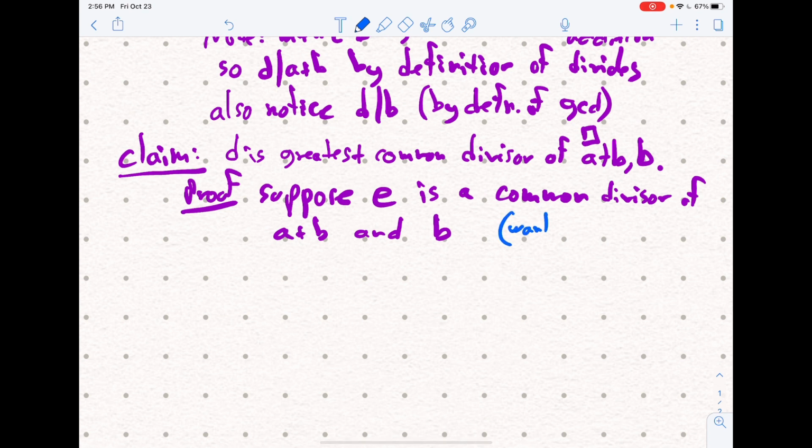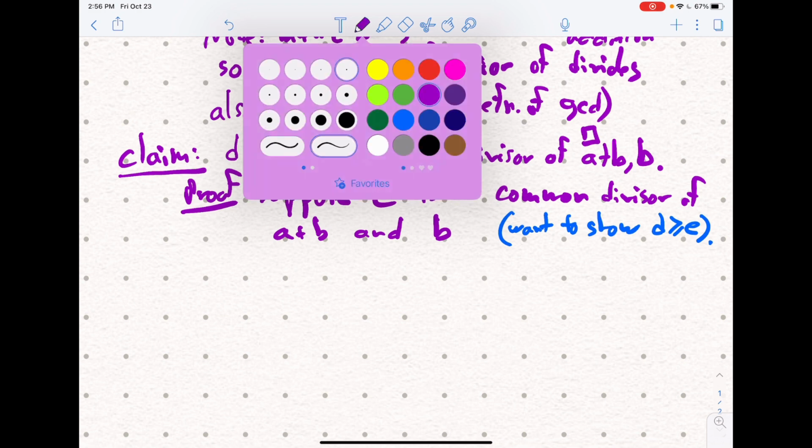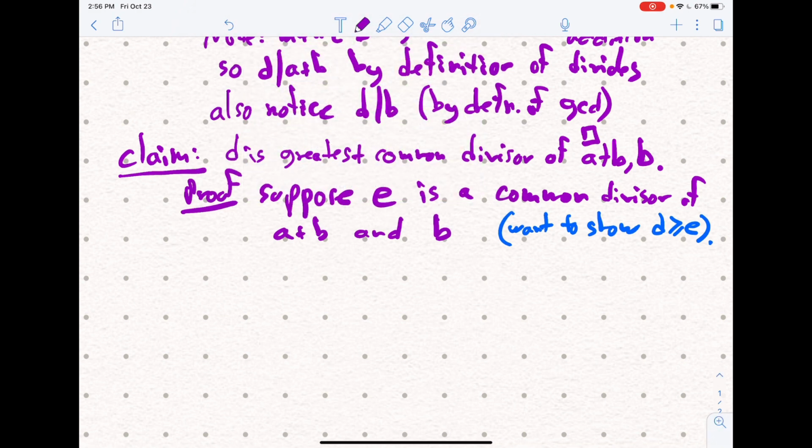We want to show that if E is any common divisor, D is bigger than or equal to it. So that's our goal. To show that D is the greatest common divisor, we suppose we take any other common divisor E, can we show that D is bigger than or equal to it?